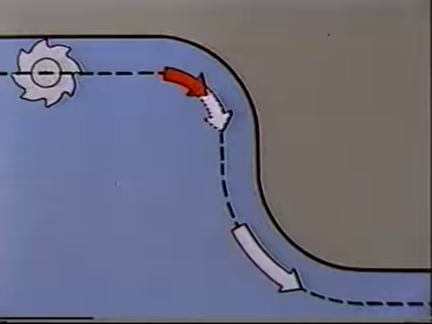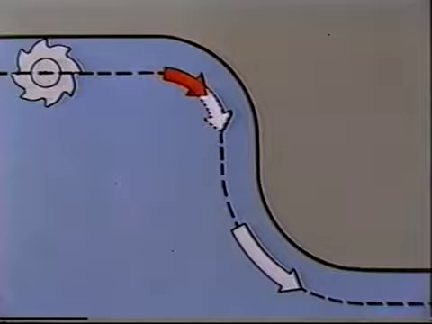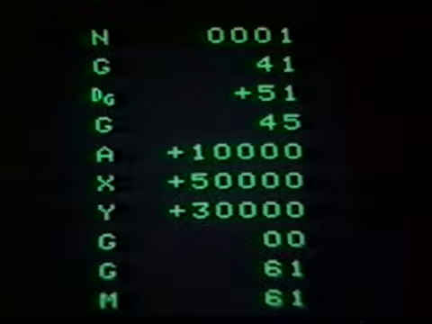Feed limitation at the outer corners, Command M61. That is, there's a slowdown at the inside corners but no speed up on the outside corners. That was just a complete block used to start contour compensation.